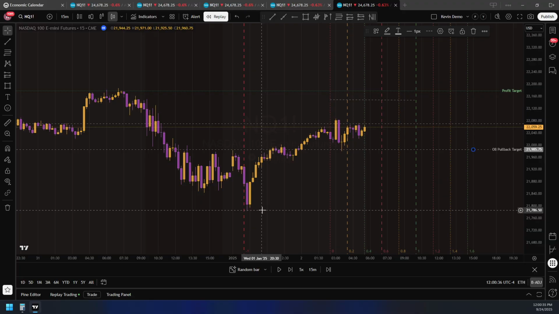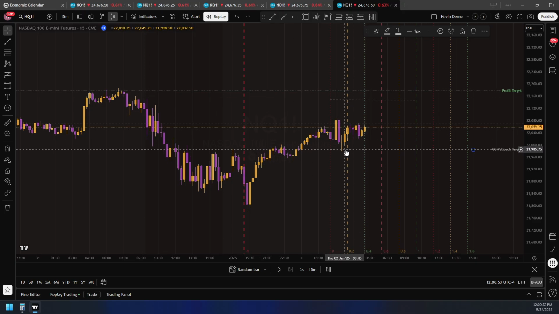All right. So we already saw right here, it wicked down to 50% and got rejected. That's a good sign. It means they're still bullish right now, which gives us a really good chance of hitting this profit target.